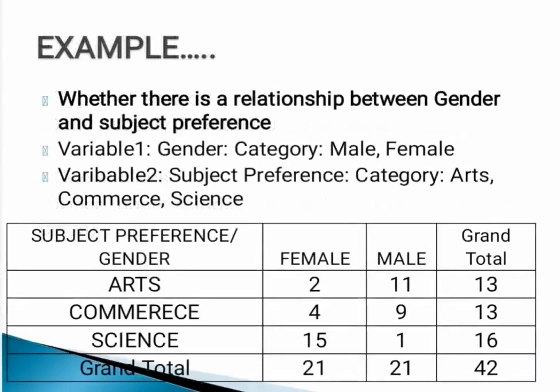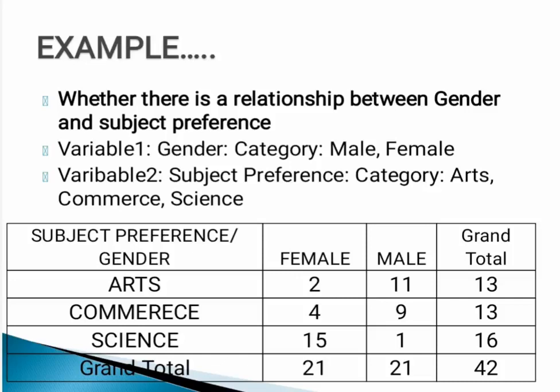And there is another example. For instance, we want to study whether there is a relationship between gender and subject preference. It means that if students select different courses, different programs, whether they are related to gender or not.